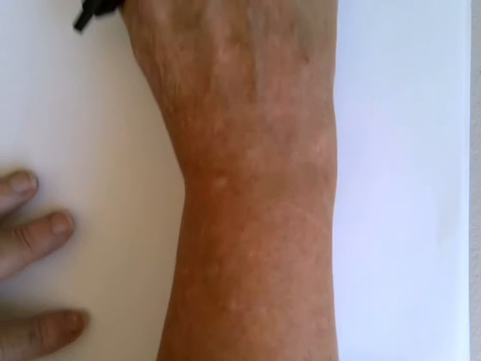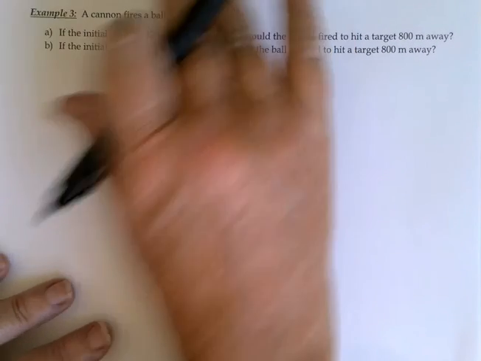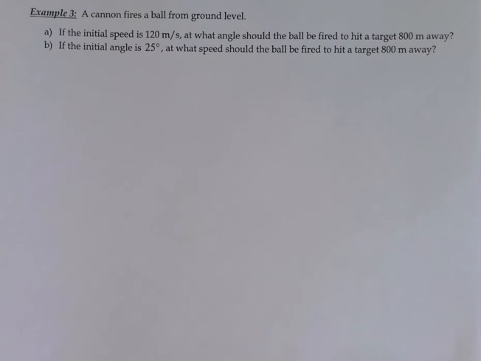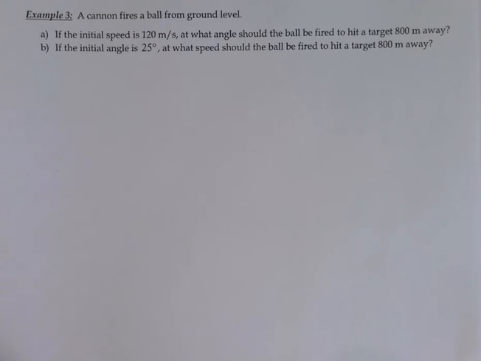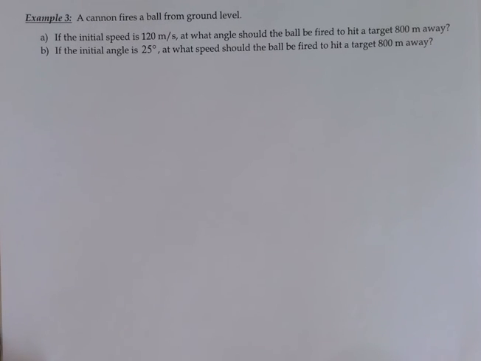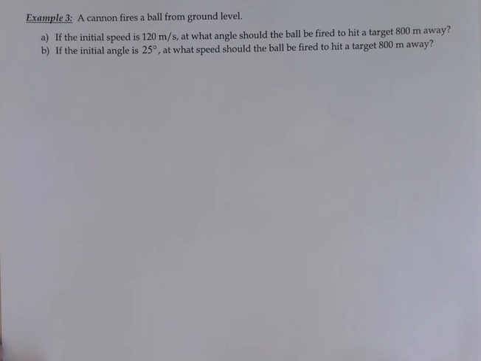All right, let's try another problem here. In example 3, a cannon fires a ball from ground level. If the initial speed is 120 meters per second, at what angle should that cannonball be fired in order to hit a target 800 meters away?